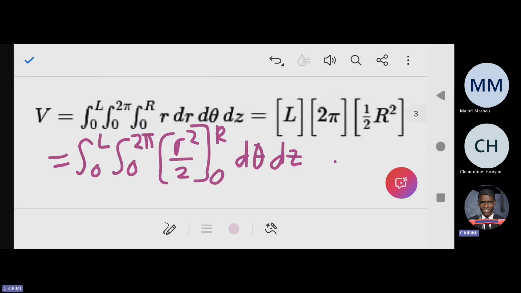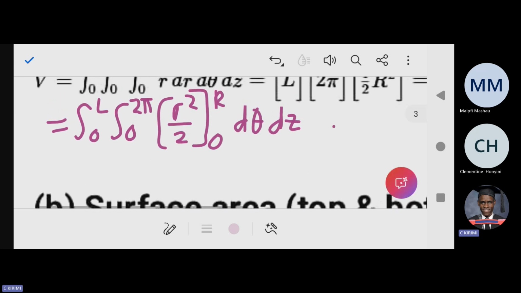So now you are replacing the values. In the square bracket, where there's the small r, we replace it with the big R. Then you subtract.